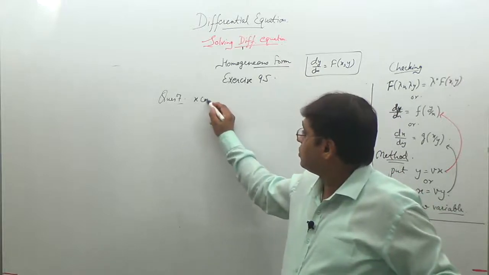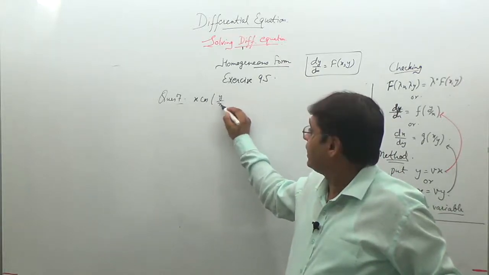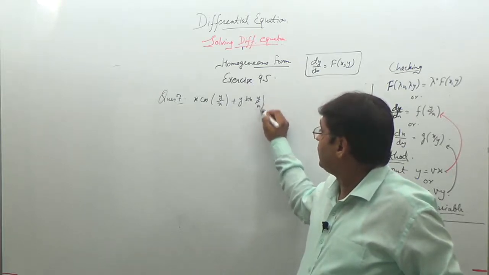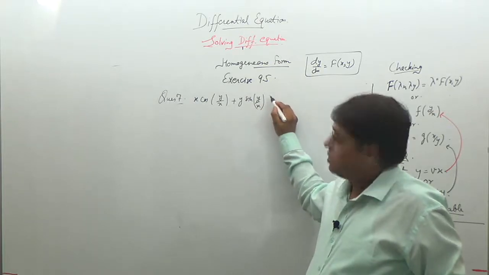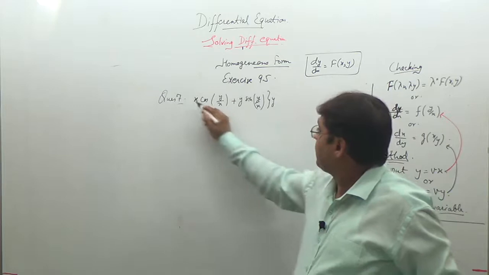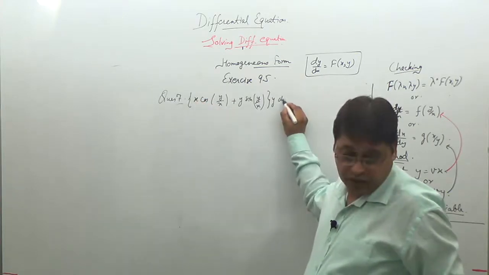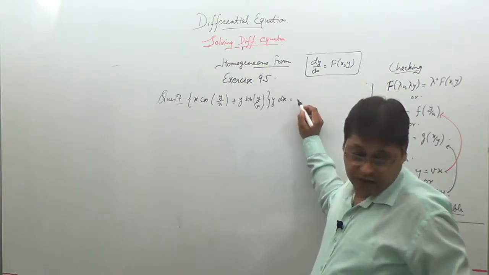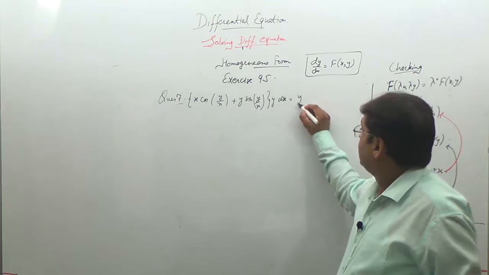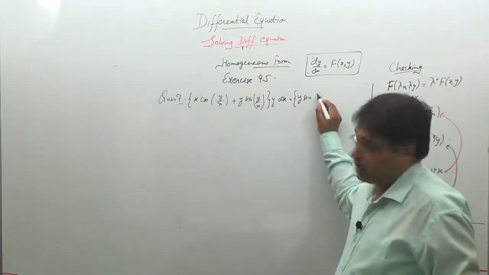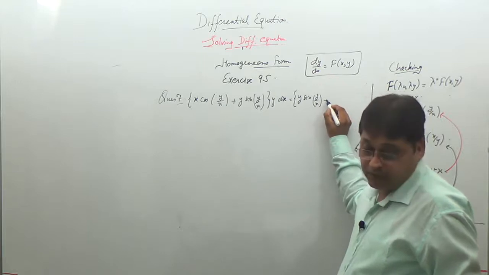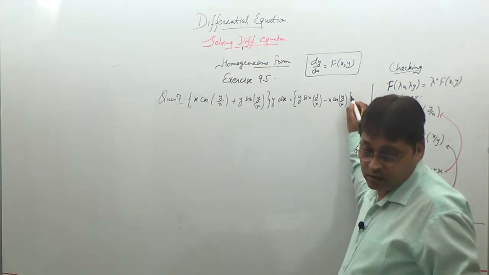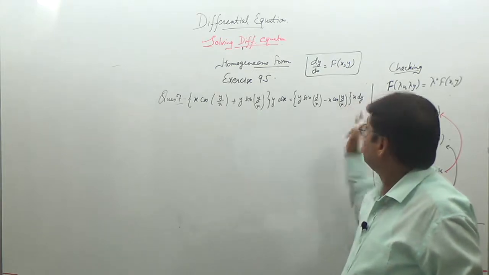x cos of y upon x plus y sine of y upon x, whole multiplied by y into dy dx is equal to y into sine y upon x minus x cos of y upon x multiplied by x dy.